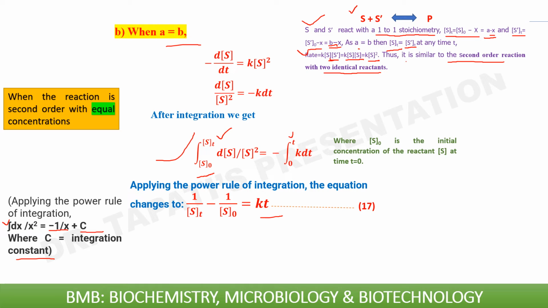So we are getting 1 by St minus 1 by S0 is equal to Kt.